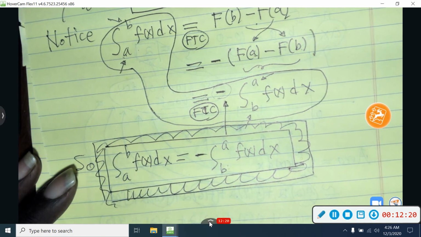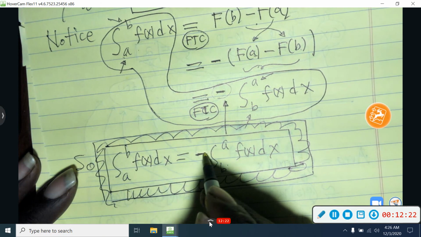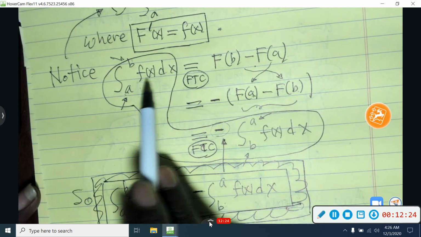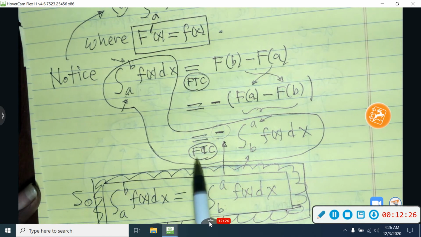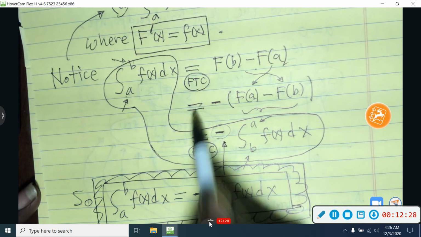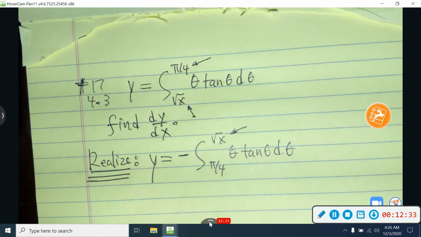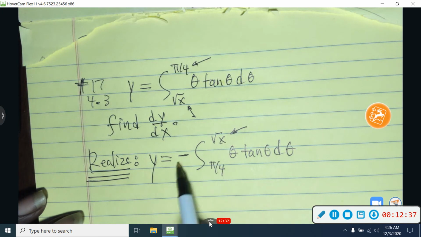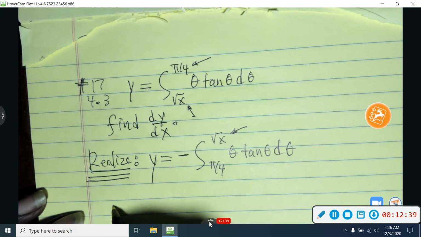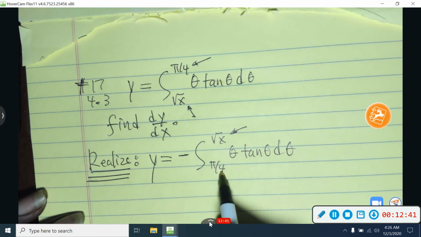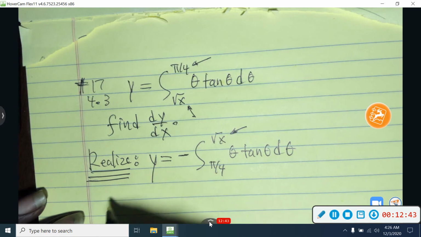There's your lights. We've got to put a minus sign. We've shown you why in three steps here: 1, 2, 3, they're equal. So I switched the order, but I put the minus. So now I can take the derivative. It's in the proper order to use the theorem now.